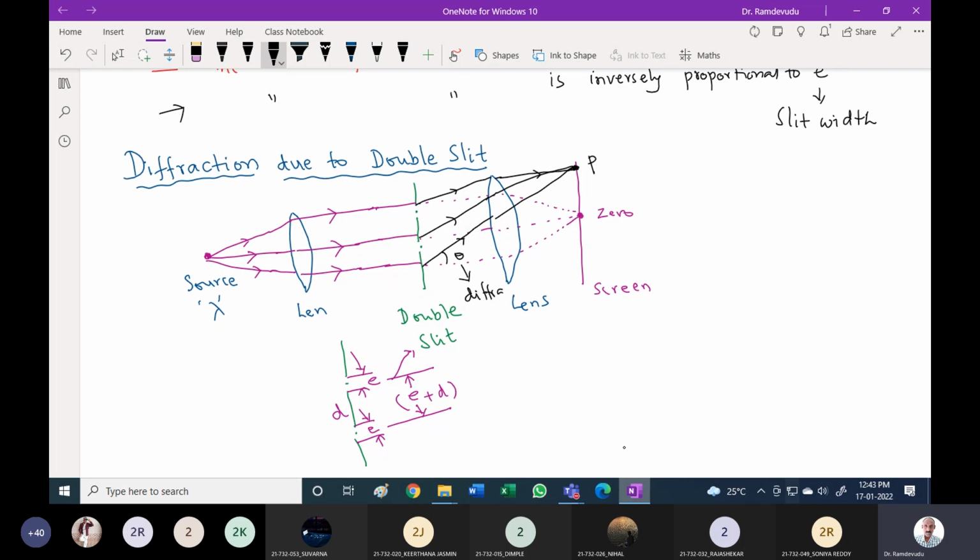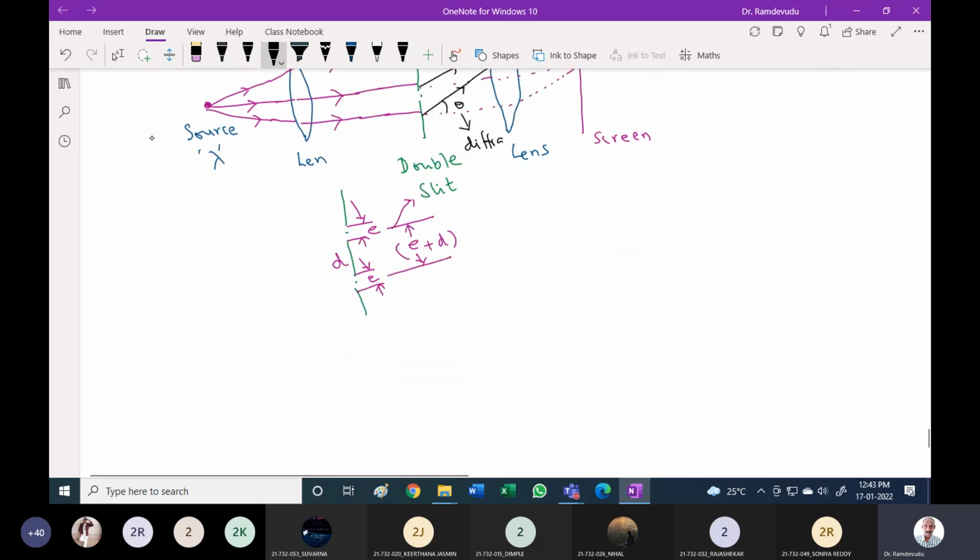But we know that each slit, as we have already seen, a single slit gives an amplitude, a single slit amplitude. We have already derived that a single slit gives an intensity as a function of theta, which we derived as some Am sine alpha by alpha.